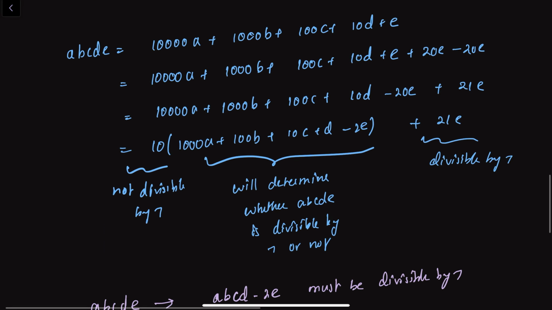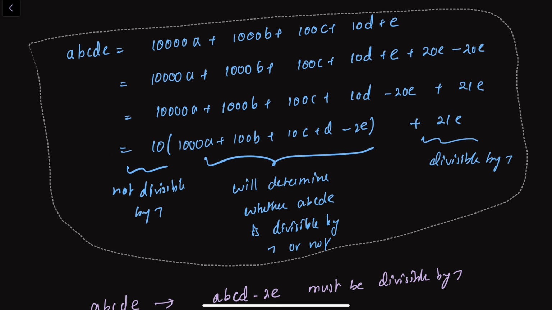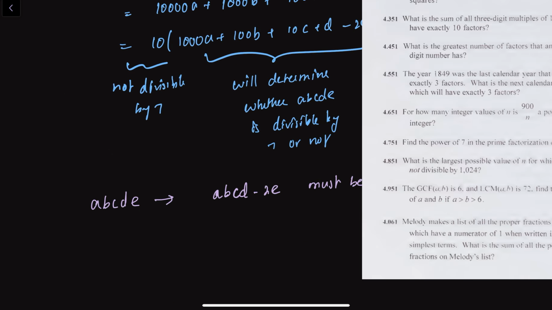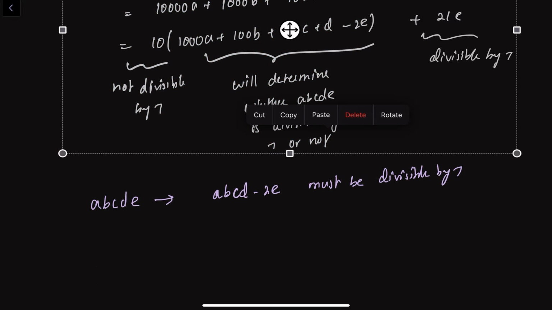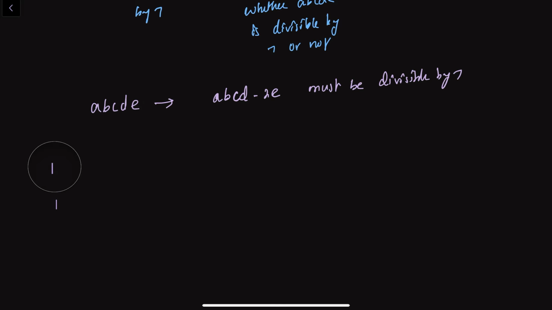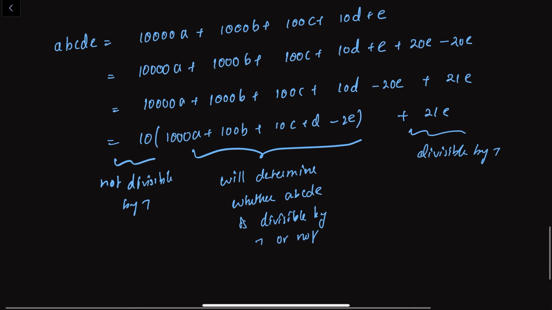In the same way, we can also do divisibility rules of some other numbers. For 7, we can also derive this in some other way. Suppose instead we add and subtract a different number.